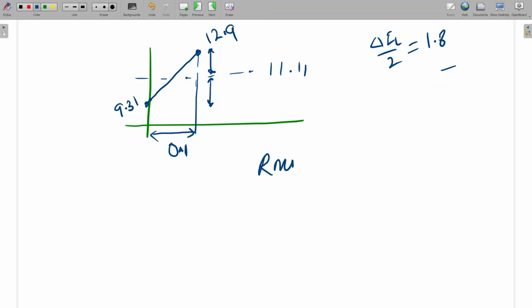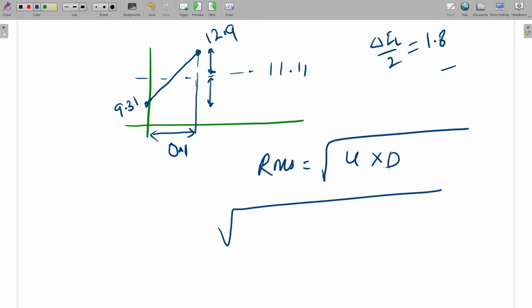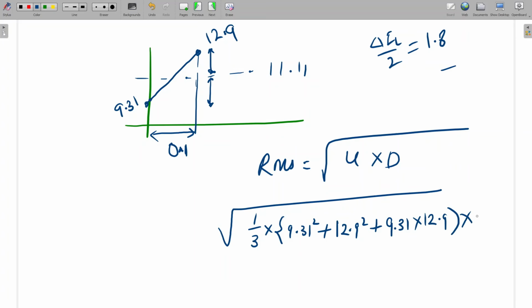RMS will be under root of D into U, where U will be 1 by 3 into 9.31 square plus 12.9 square plus 9.31 into 12.9. This will be the RMS current of the switch. Is it clear to all? Can anyone calculate the final value?